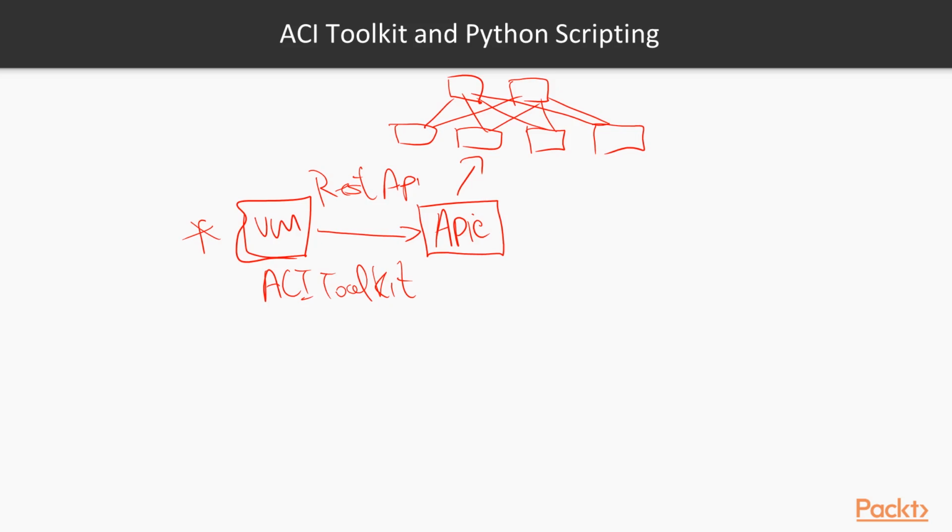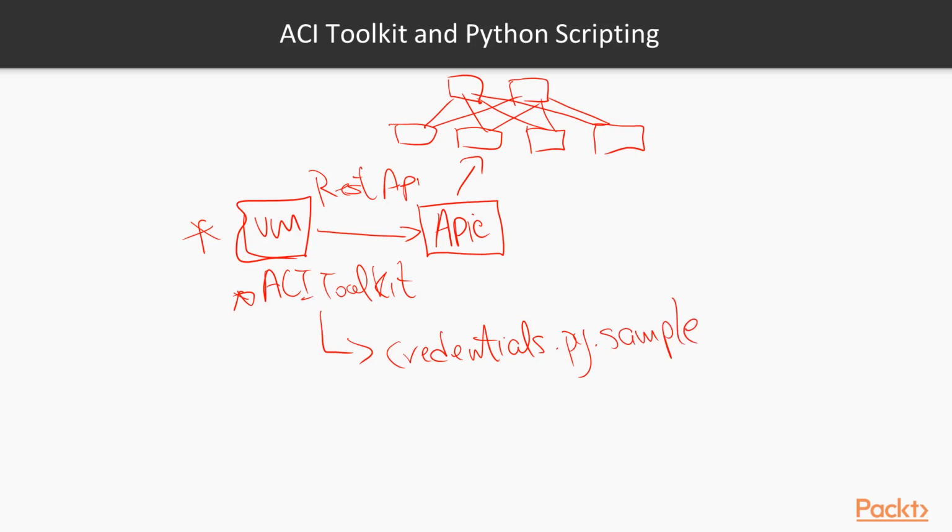Let's take a look at the ACI Toolkit now that we have everything ready to go, and let's test it out. Very important, in the ACI Toolkit, we have a file. Listen carefully, a file called credentials.py.sample, okay?